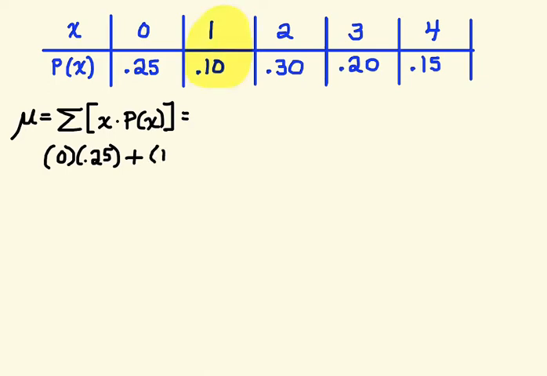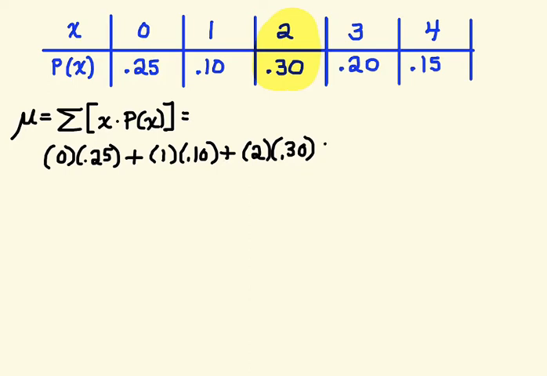And we're going to multiply 1 times its probability, which is 0.10. Notice that I'm summing up the different products because we're multiplying them. We call them products. The next value of x is 2, and the probability of the random variable 2 is 0.30.